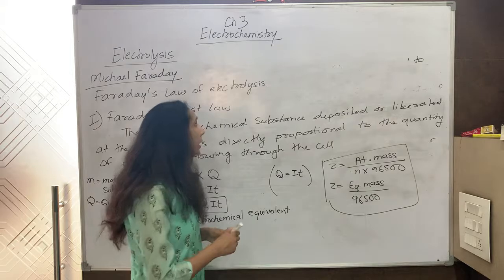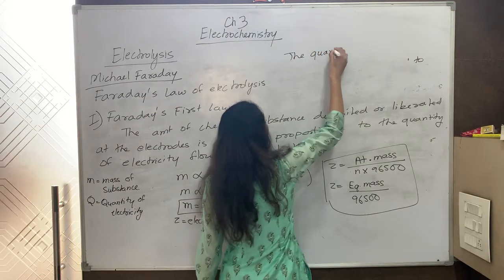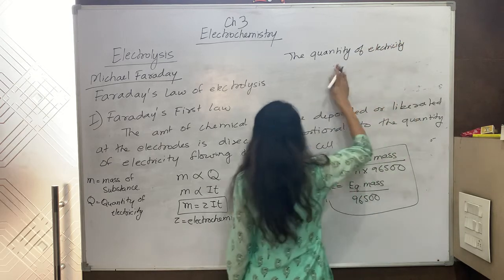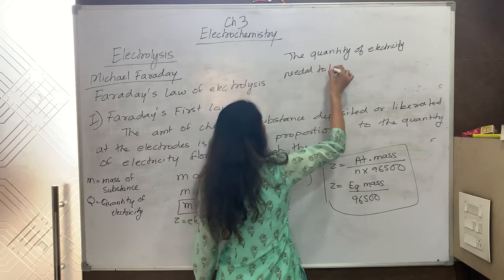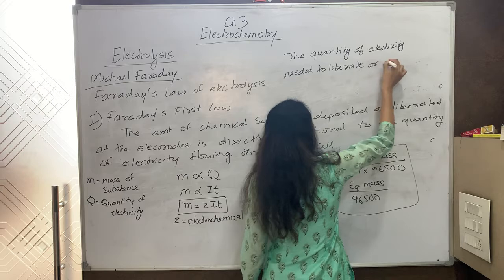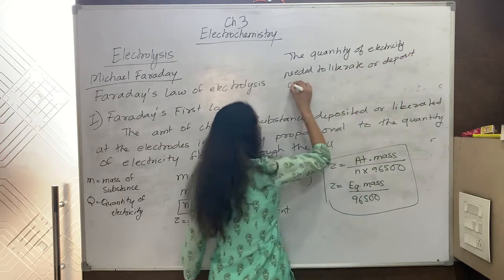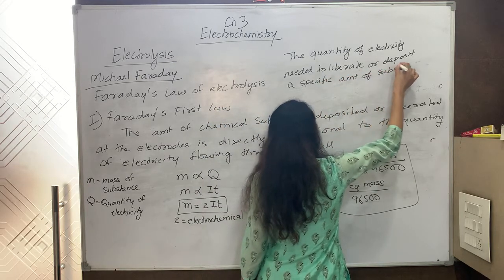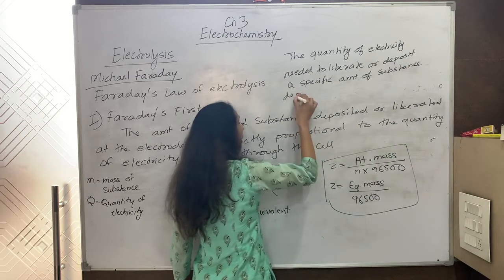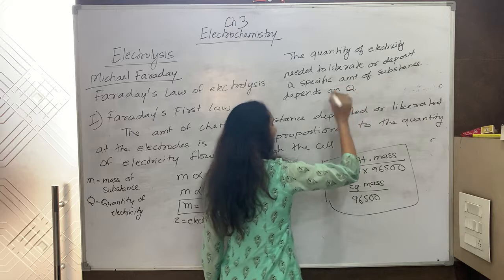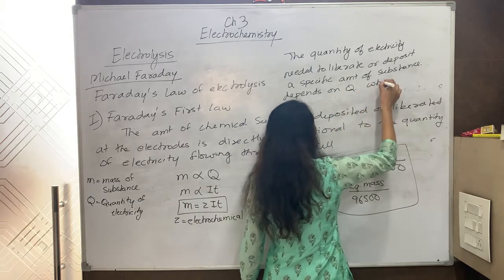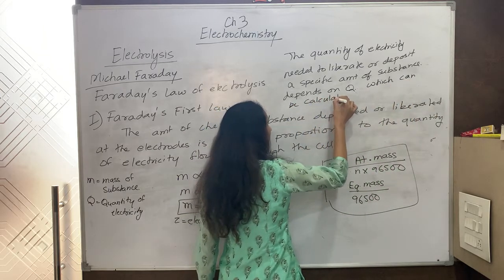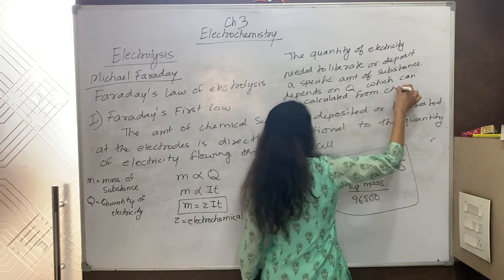The quantity of electricity needed to liberate or deposit a specific amount of substance depends on Q, quantity of electricity, which can be calculated from charge on electrons.